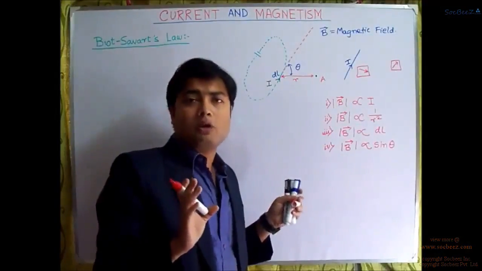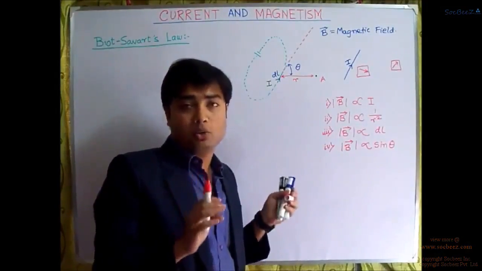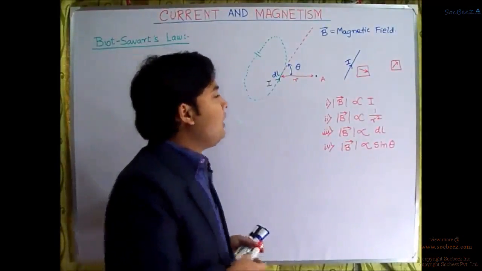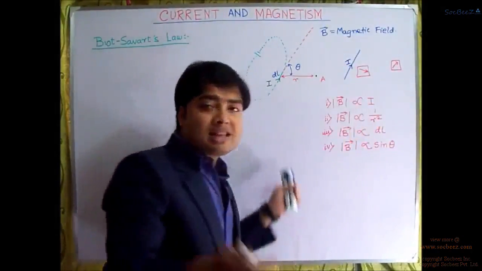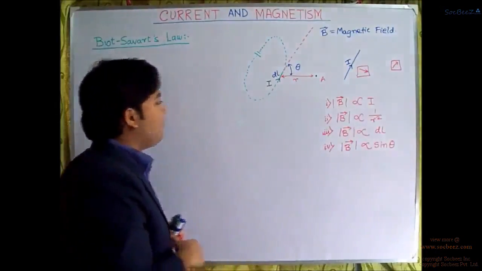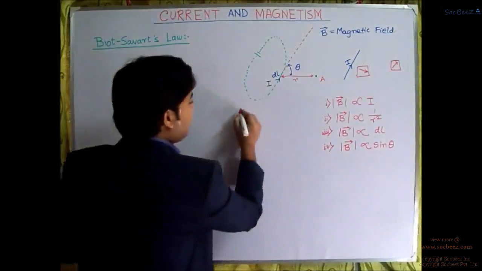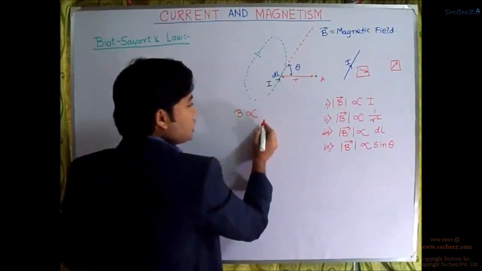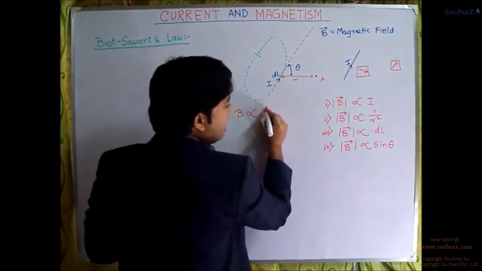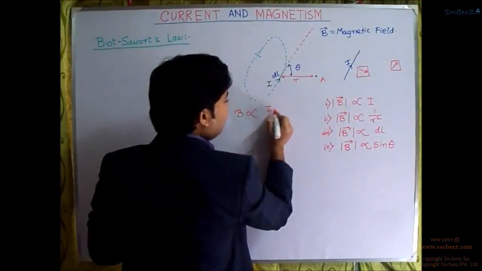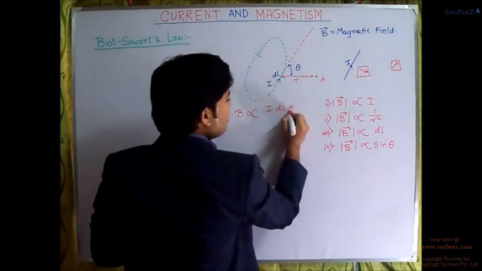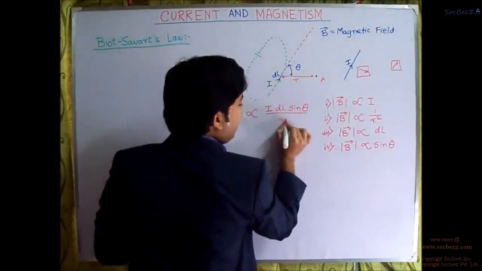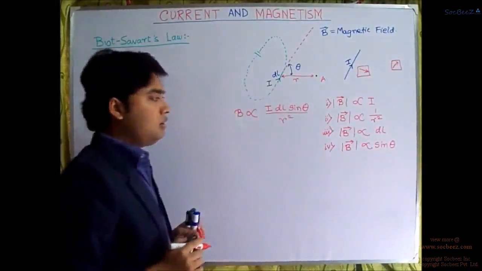Now let us look at the expression that could be deduced from this Biot-Savart Law. If we take all of this in one go, we shall find that B is directly proportional to I dl sine theta divided by r square.